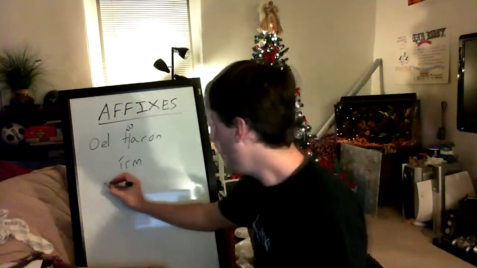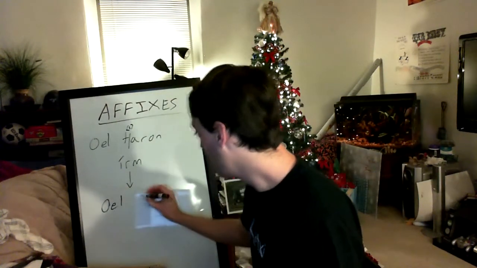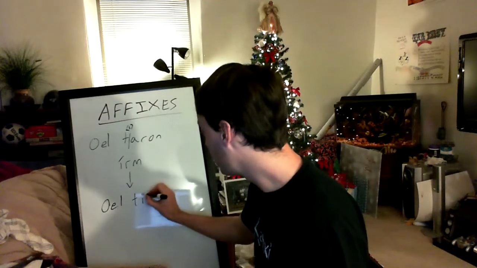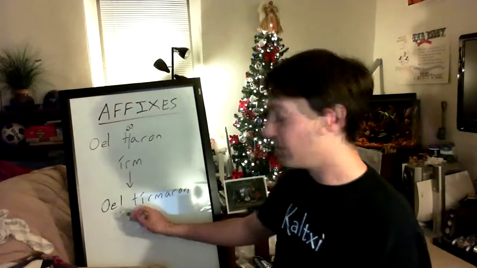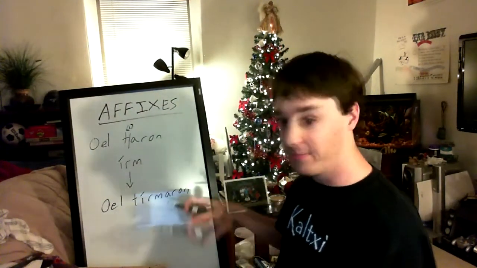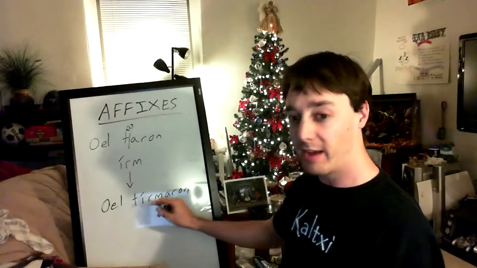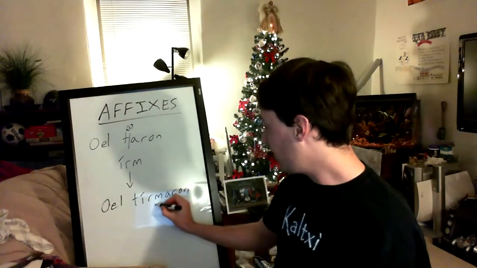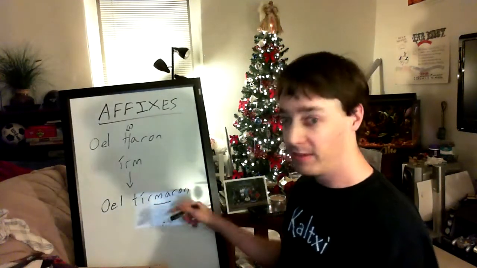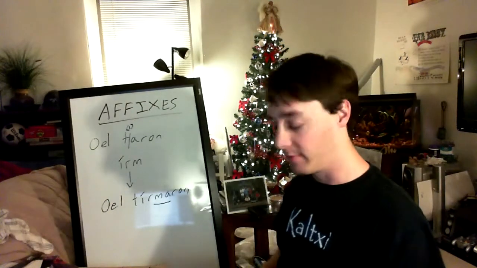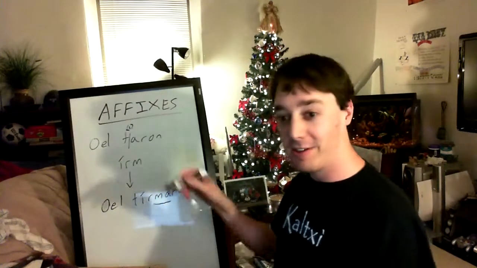So irm, and that turns this into wei tirmaron. And note that the stress doesn't change. It's still right there. And that's all there is to it. We just made a sentence that says, I was just hunting.